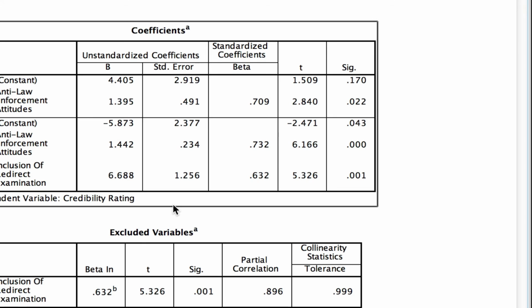But why is the homogeneity of regression assumption important? Well, the beta value, or the unstandardized regression coefficient, tells us about the relationship between our covariate and our outcome. Our estimate of that relationship is 1.442, but there's not a separate estimate for different groups.